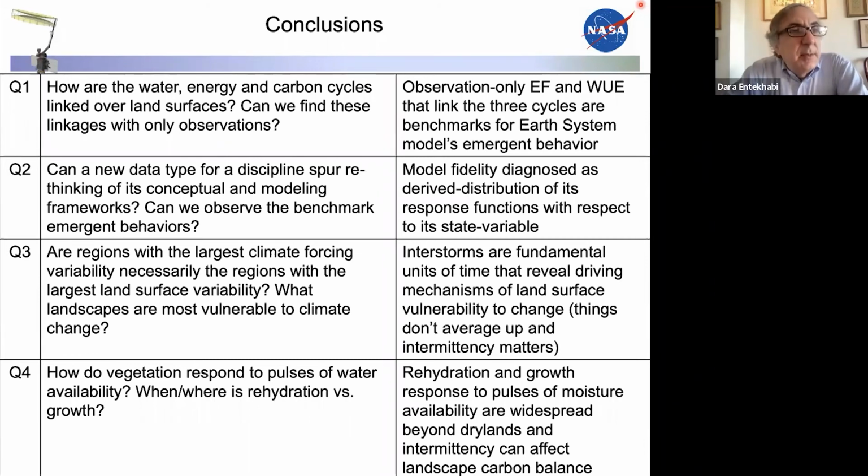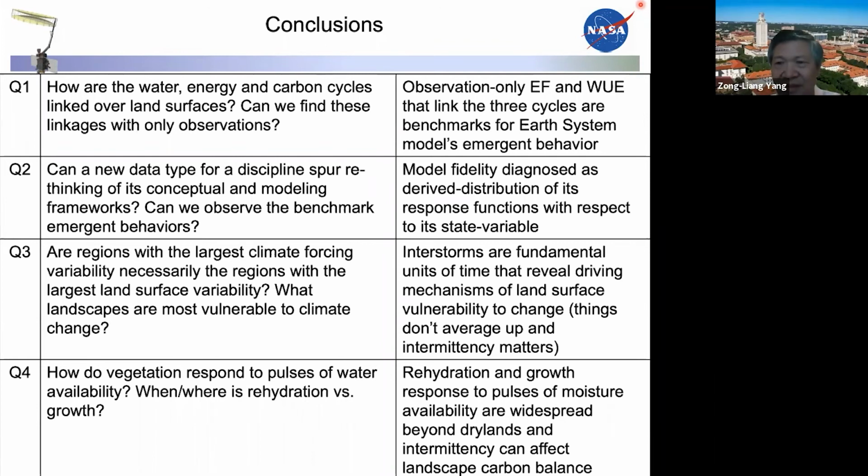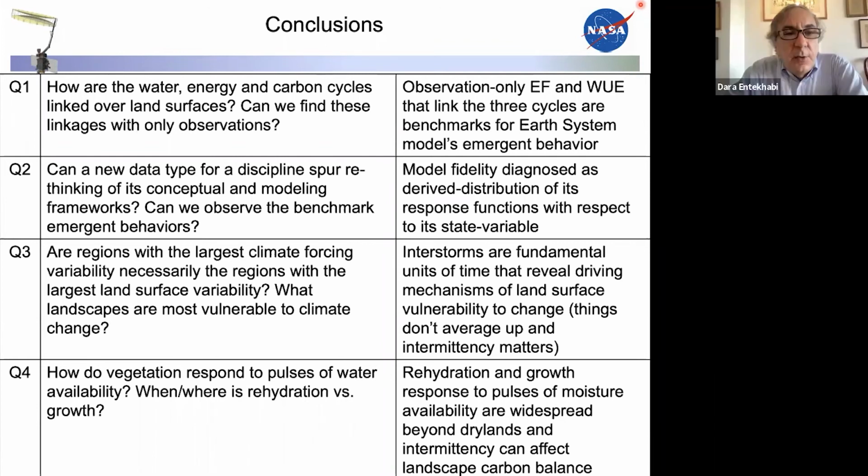In terms of climate models, what we're trying to do is to create benchmark figures like evaporation fraction versus soil moisture or water use efficiency versus soil moisture, so that models that have tons of parameterizations interacting with each other and have an emergent behavior, are they doing it right?